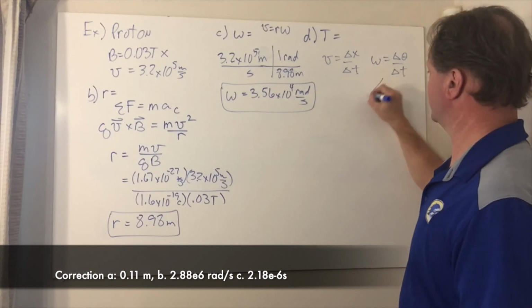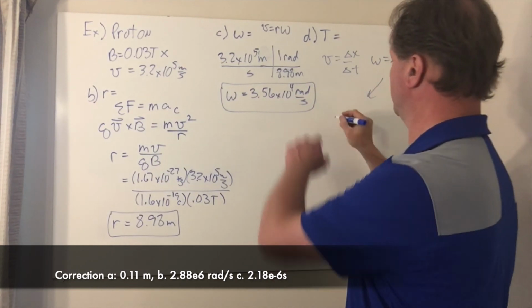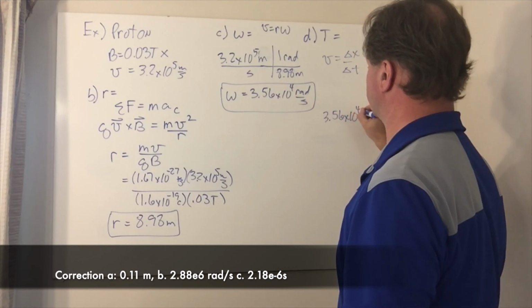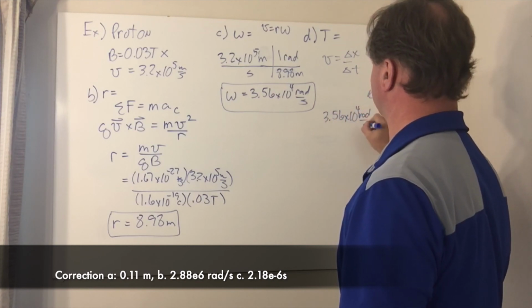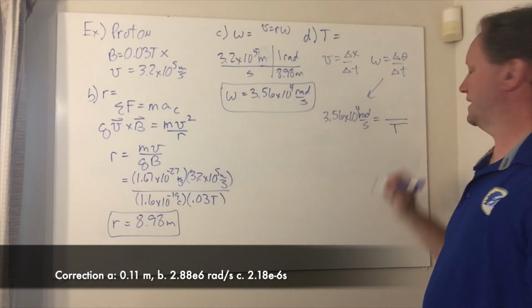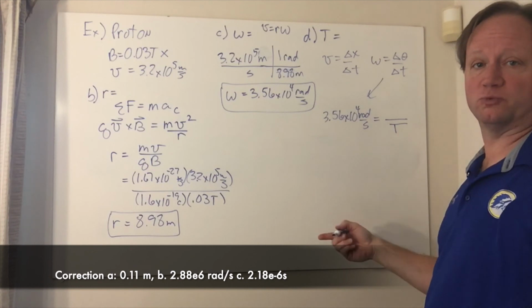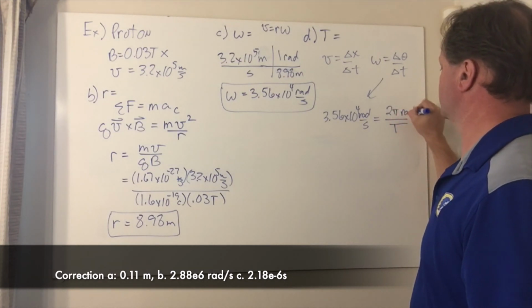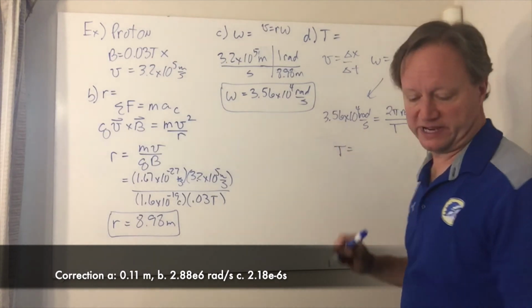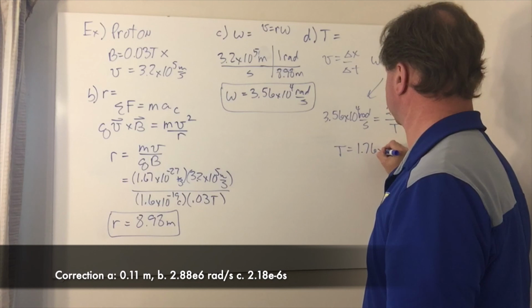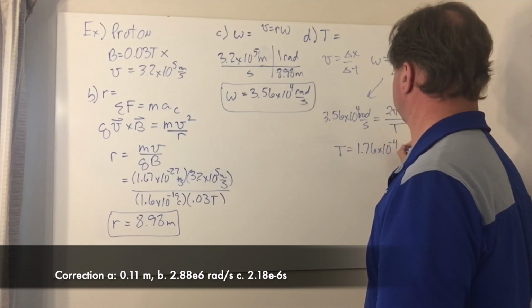I'm going to use omega equals delta theta over delta t. We know our value, 3.56 times 10 to the 4th radians per second. In a period, capital T, it's going to go around once. And once around in radians is 2 pi radians. So then do the math to solve down for the period. 1.76 times 10 to the negative 4th seconds.